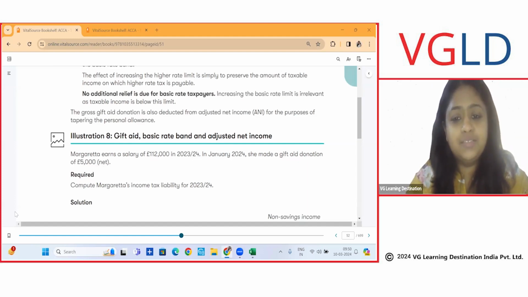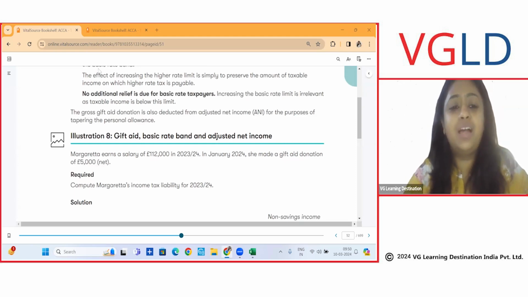I've got three different answers: 32,132, 46,196, and 33,160. Quickly, everyone, start pouring in your answers. Ashna, Dakshesh, answers.